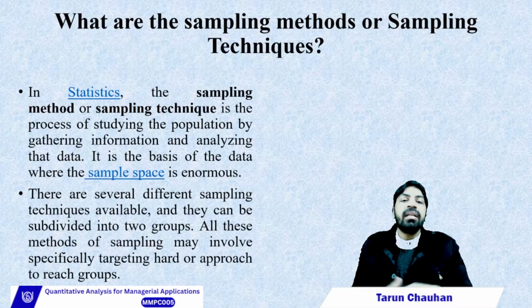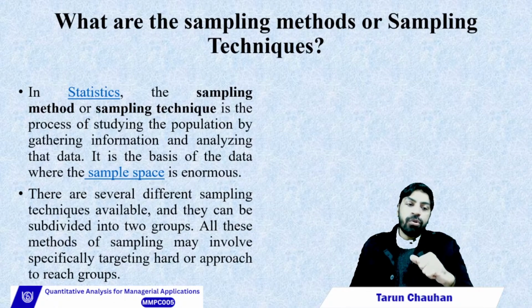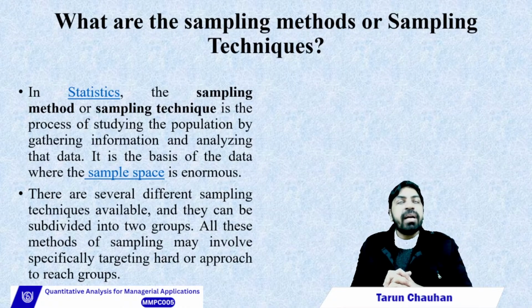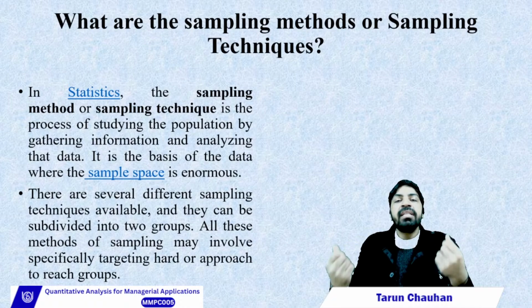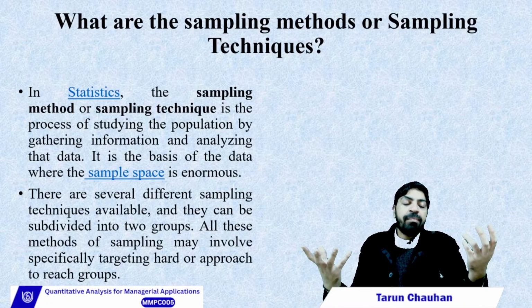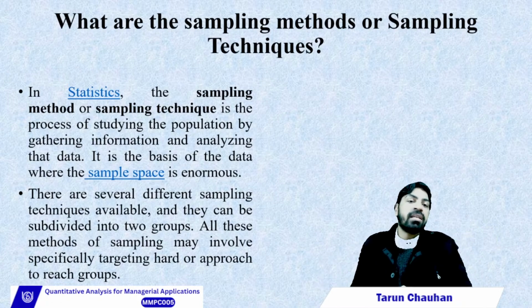So in that case, the techniques will be applied. There are several different sampling techniques available, and they are divided into two groups as well. All those methods of sampling target an easy, hard, or any type of approach to reach the groups, to reach the people, to collect the data from them.